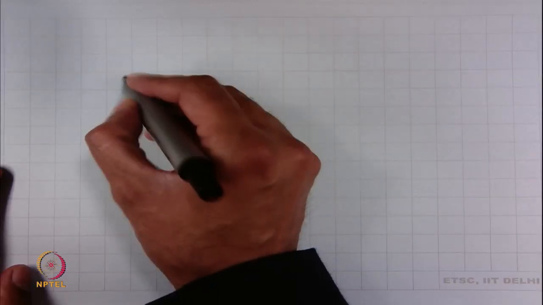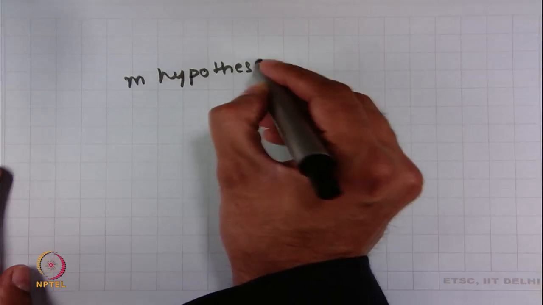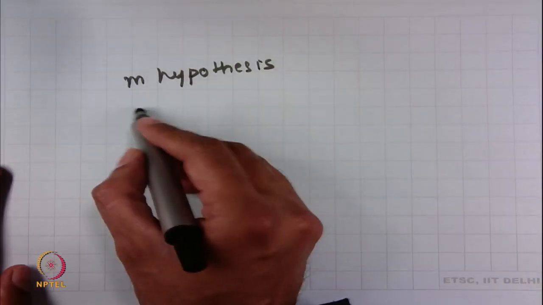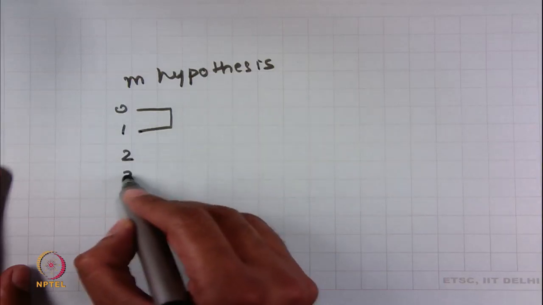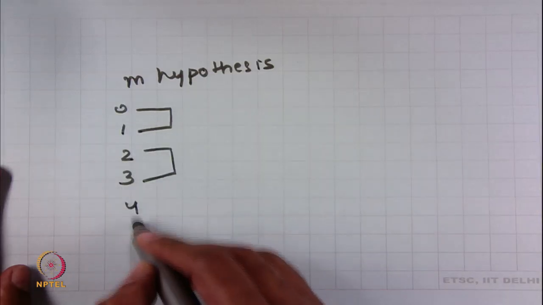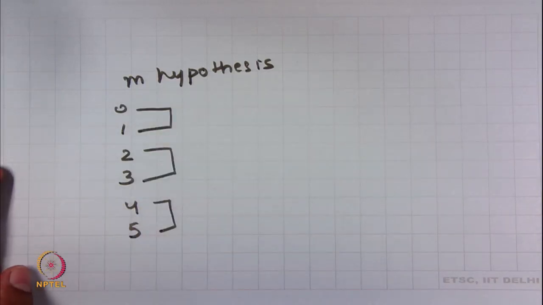For example, if we have M hypotheses, we can consider two hypotheses at a time. Let us consider the case of 6 hypotheses.